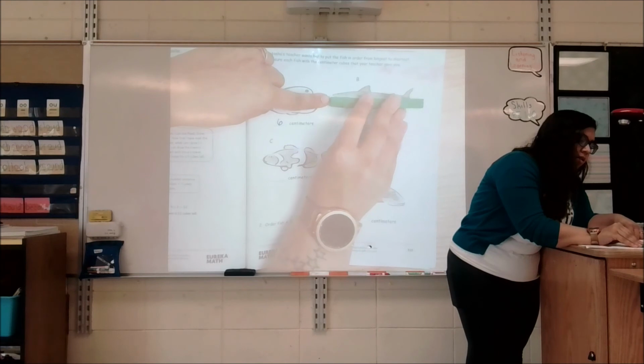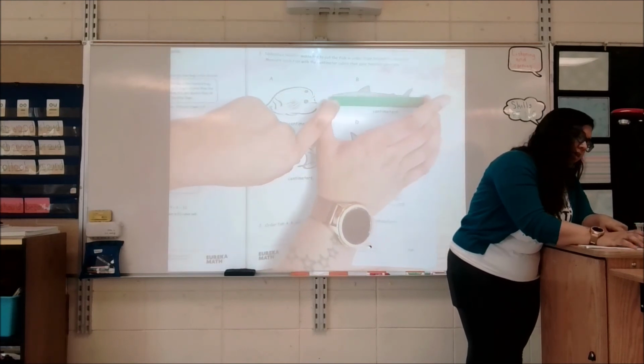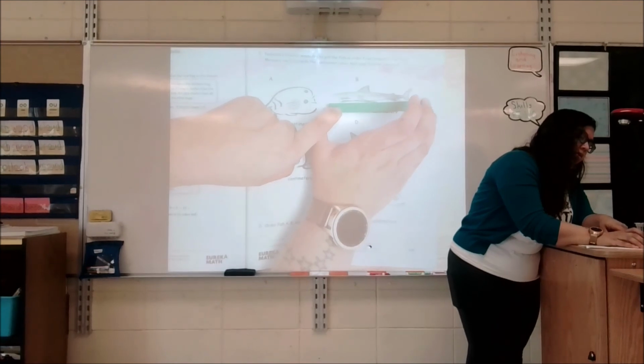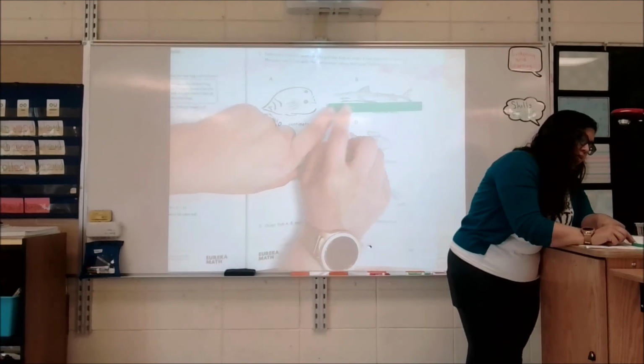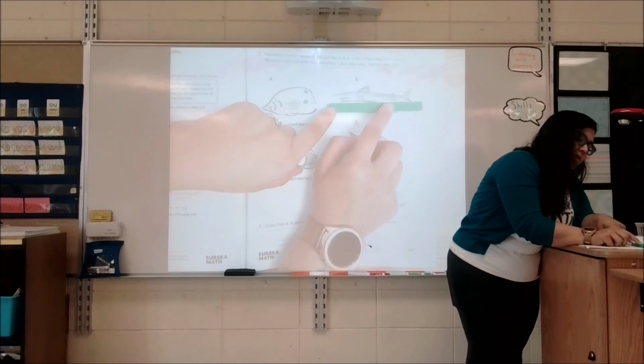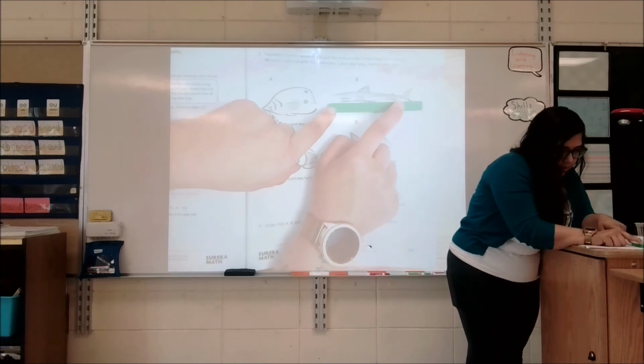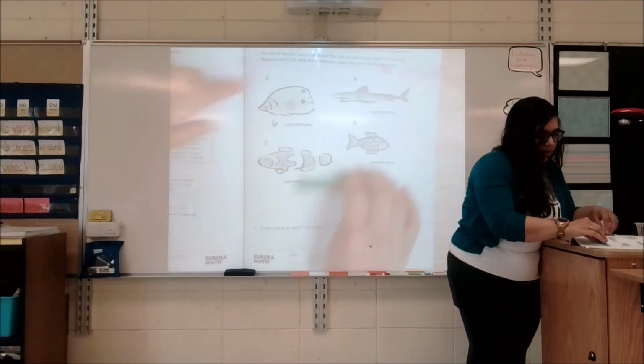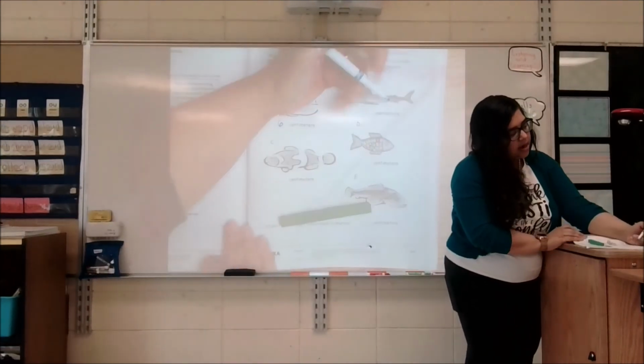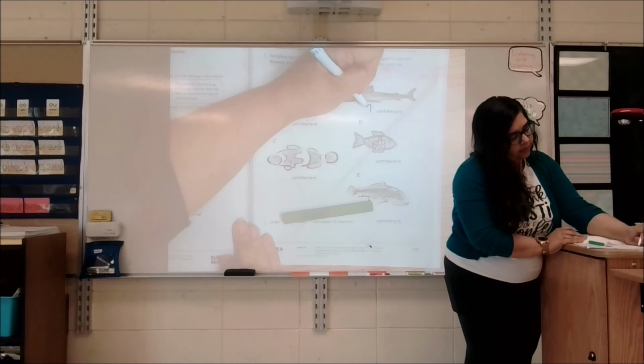So let's line up with his nose and measure his whole length, the full length of this shark. Okay, lining up with his nose, we see that he is 1, 2, 3, 4, 5, 6, 7, 8, 9 centimeters. This fish is 9 centimeters long.